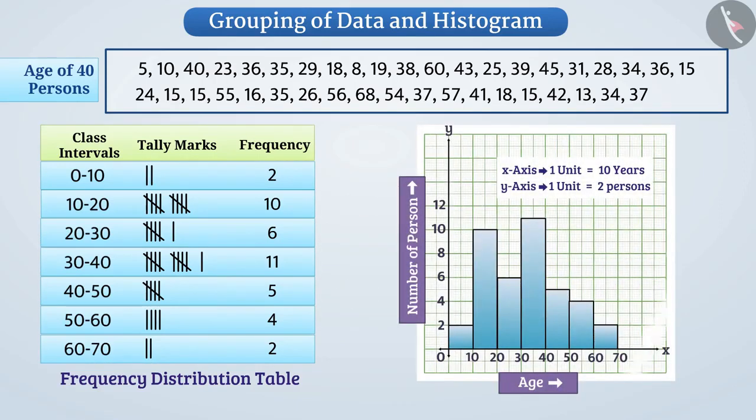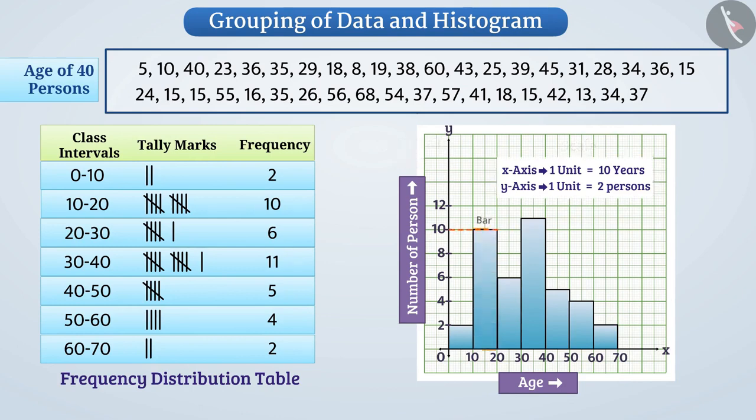In this graph, the class intervals are presented on the horizontal axis. For example, 0 to 10, 10 to 20, etc. Similarly, the number of persons is represented on the vertical axis. To show this, the scale of 1 unit equal to 2 persons has been taken.